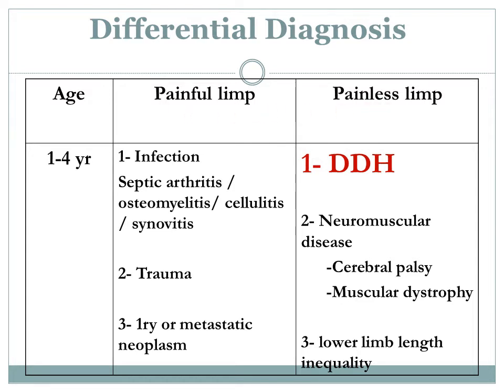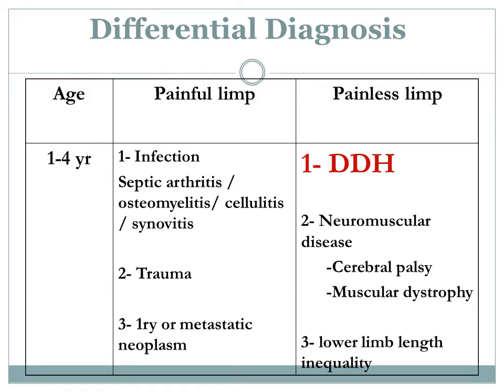So, in the first group, from 1 to 4 years, the painful limp will commonly be caused, first, by infections of any type, either septic arthritis, osteomyelitis, cellulitis, synovitis, or infection in the muscles. The second cause of painful limp in this age group is trauma, of course, a very common event in this age group.